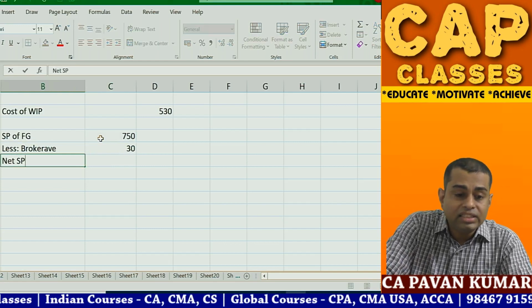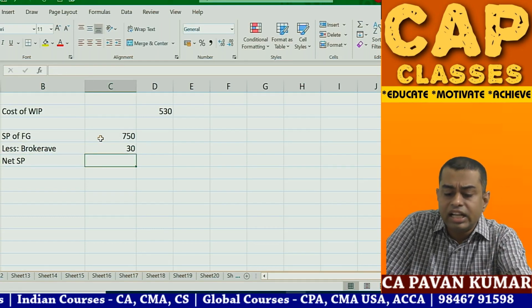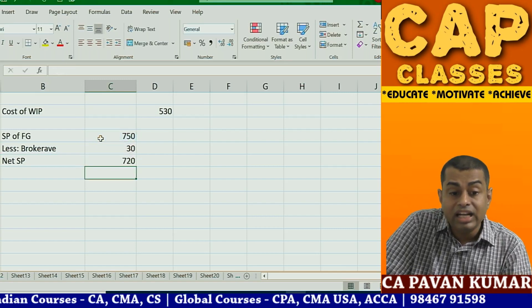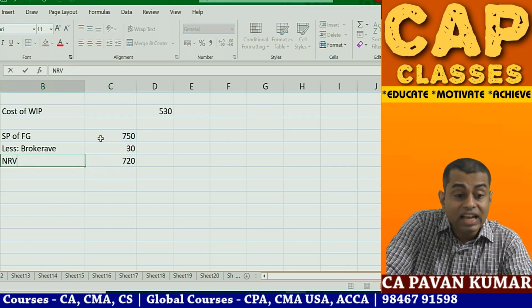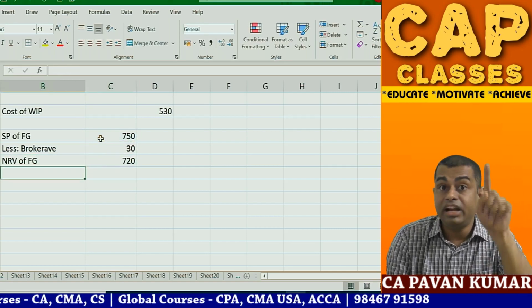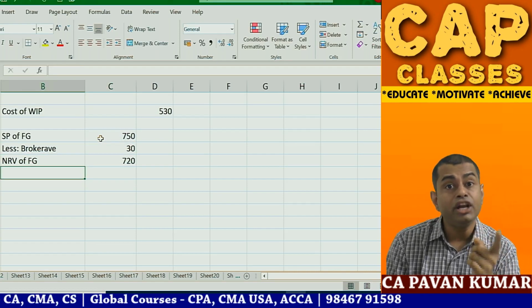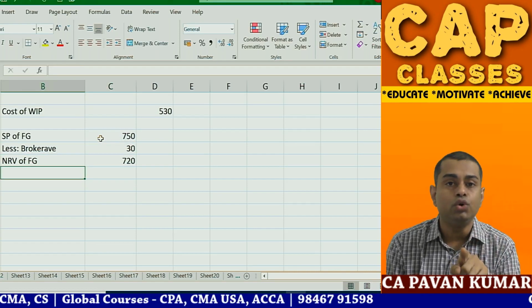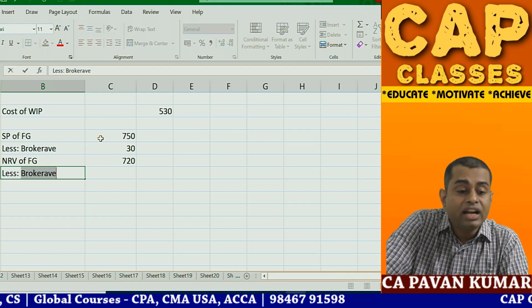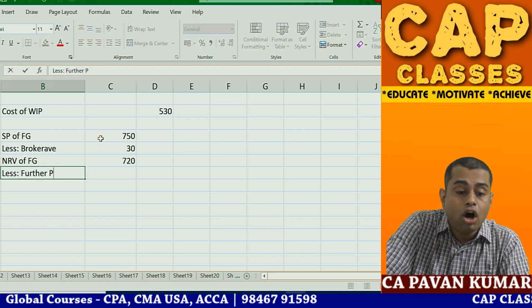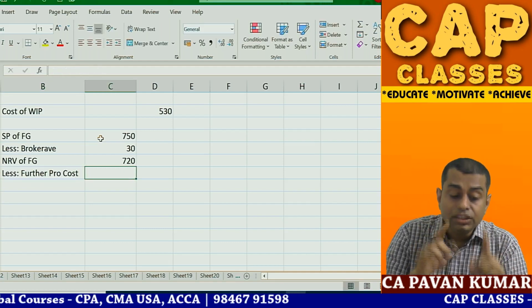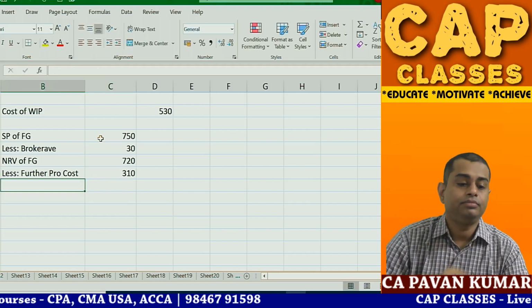So net selling price, you can call it net realizable value also, net realizable value of finished goods. This is NRV of finished goods. But my dear friend, in the question they have given you the data of unfinished goods. So from this, if you subtract further processing cost, what is further processing cost? 310 rupees.